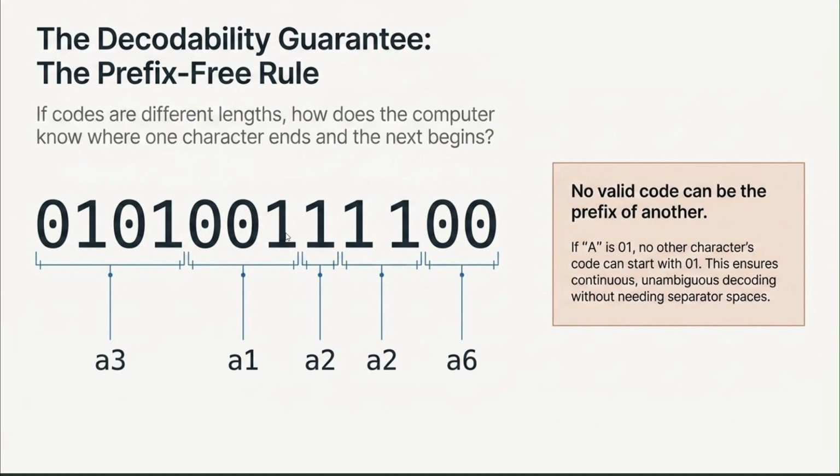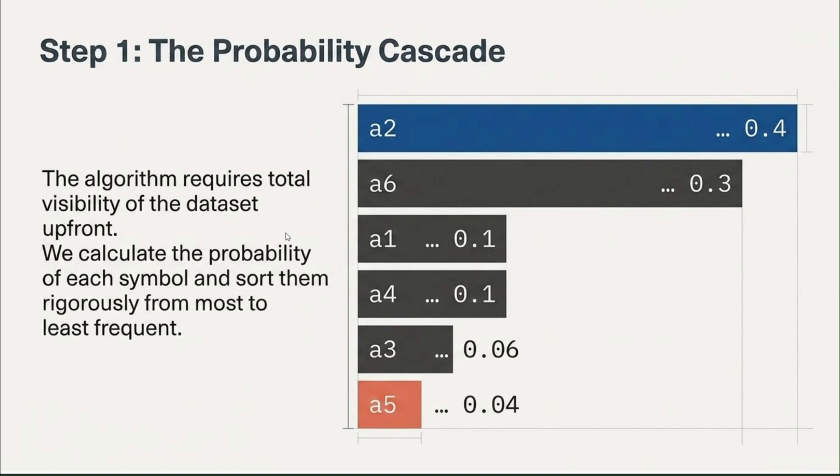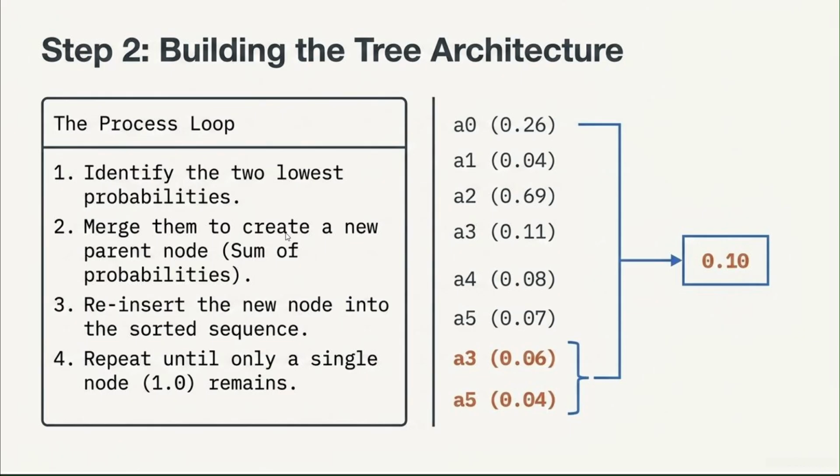So, how do we actually construct a Huffman tree and encode our data? The algorithm is quite elegant and follows a systematic approach. First step, the probability cascade. Sort the probabilities. First, we list all our symbols and sort them in descending order based on their probabilities of occurrence. Building the tree architecture. Step 2, combine the lowest probabilities.